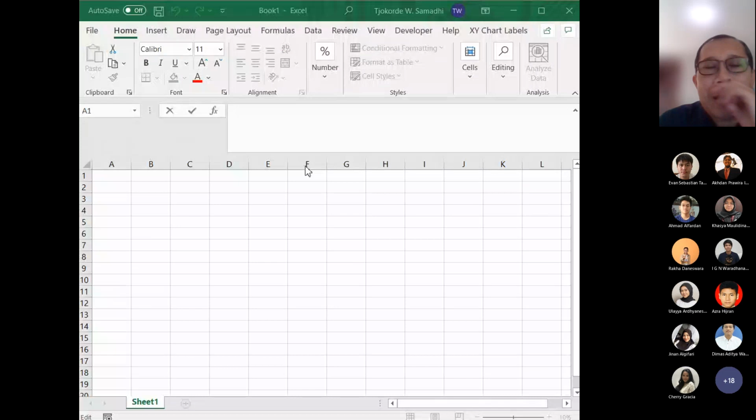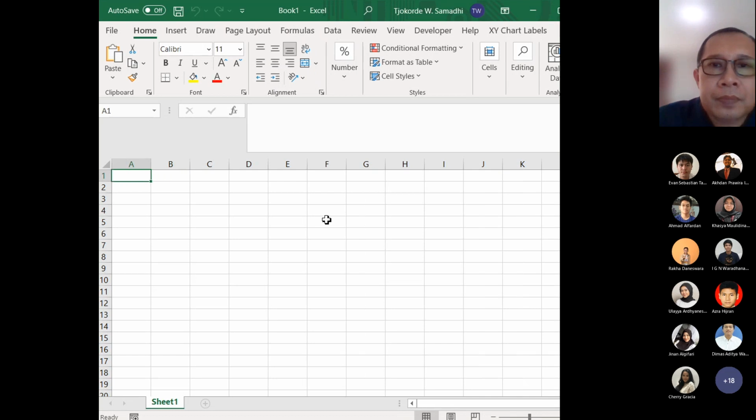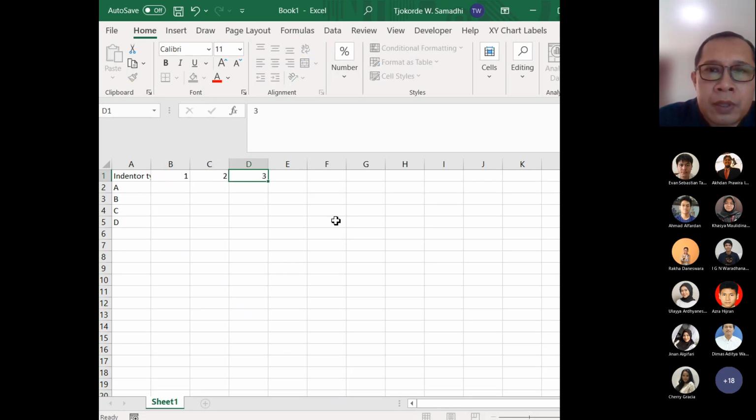There we go. Type, door type. A, B, C, and D. And then this is the block number 1, 2, coupon number 3, 4.